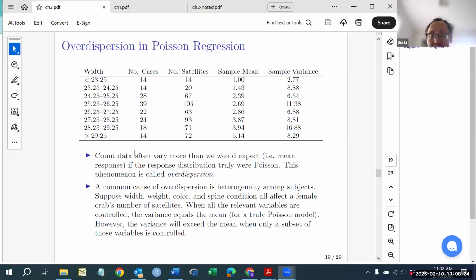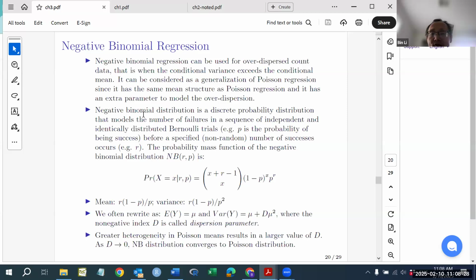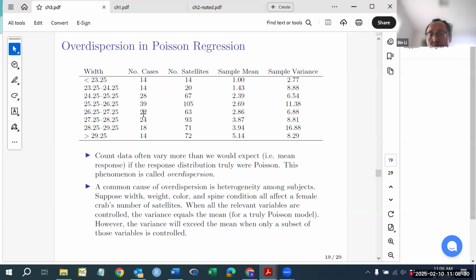So if we have an over-dispersion problem, what should we do? The first approach is to consider other variables in the model. For example, we should include not just the width, but also the weight, color, and spine condition.